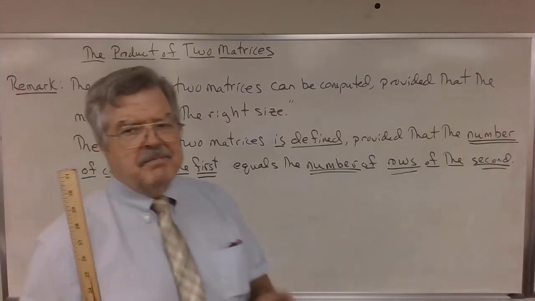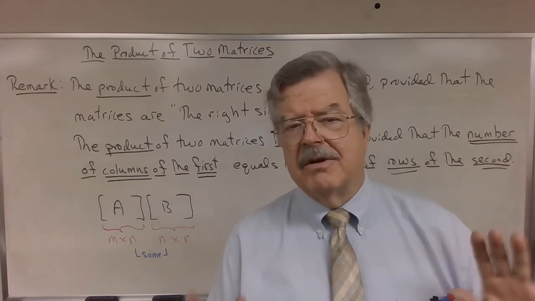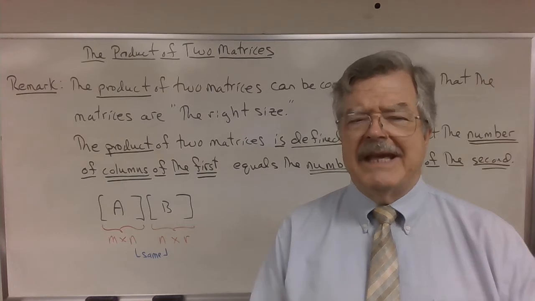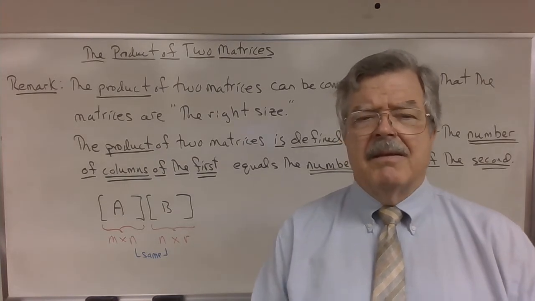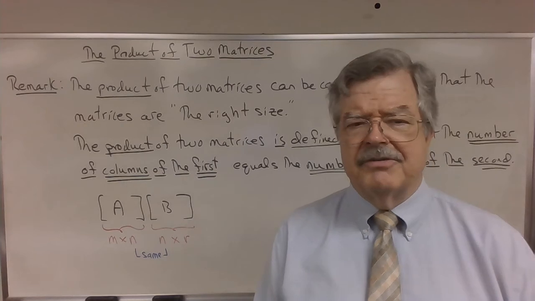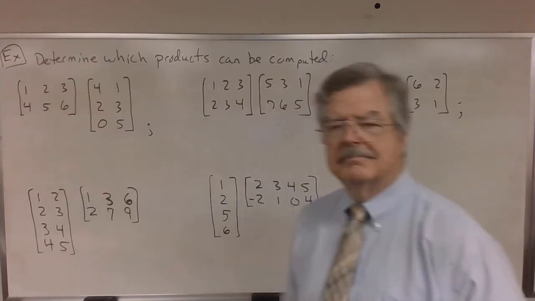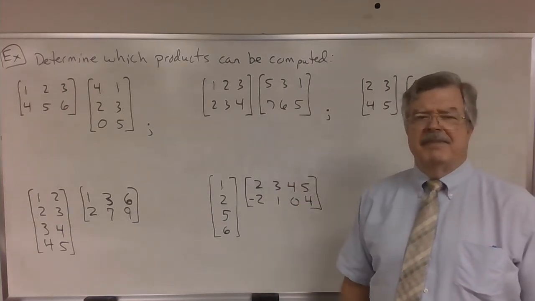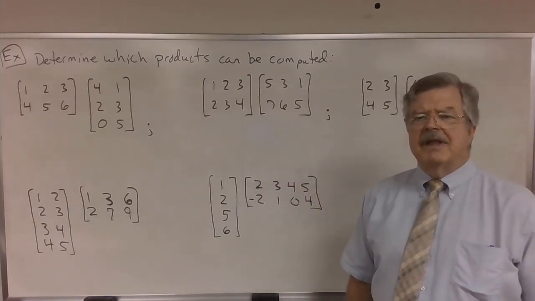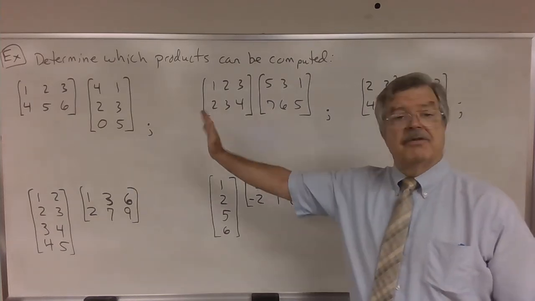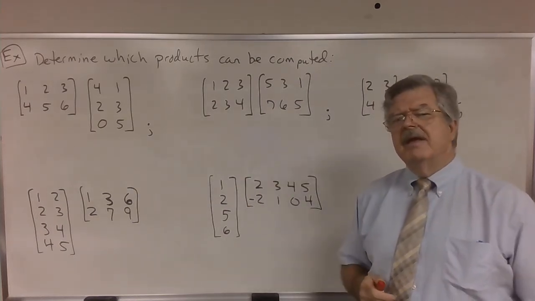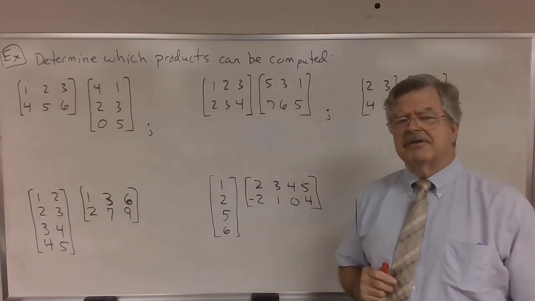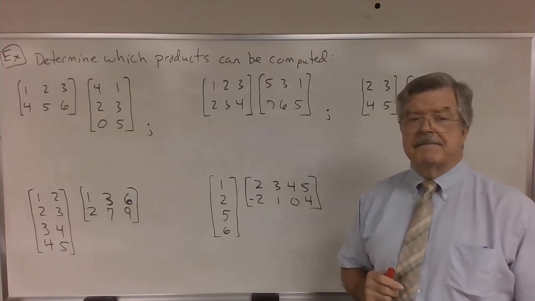So before we multiply matrices together, we're going to look at some possibilities and just discuss whether the product can or cannot be computed based on the sizes of the matrices involved. Okay, here are some pairs of matrices, and we'd like to look at each pair in the order that they're given and just determine which products can be computed and which can't.